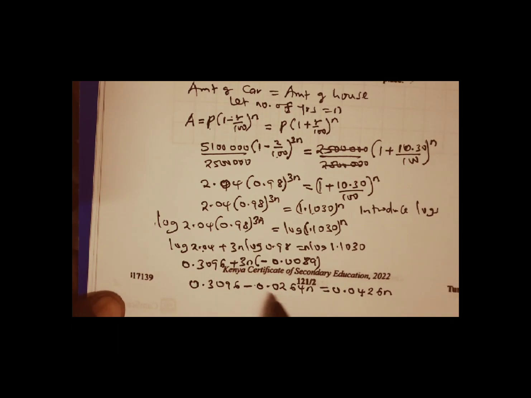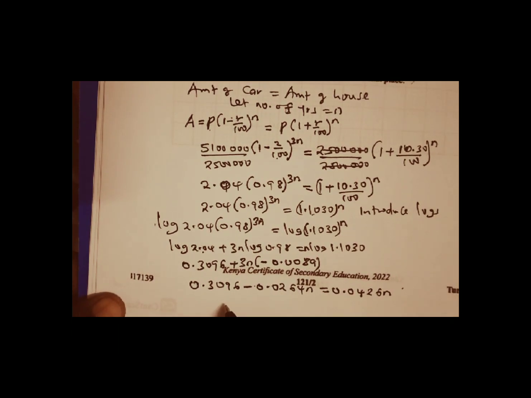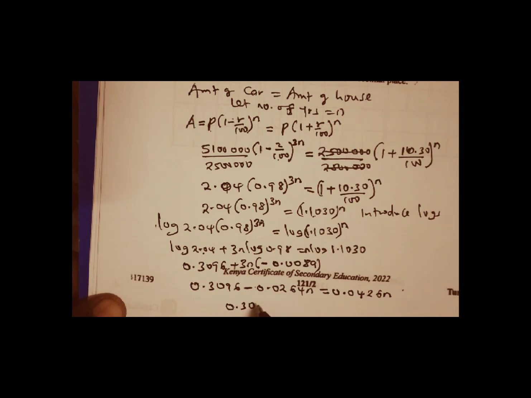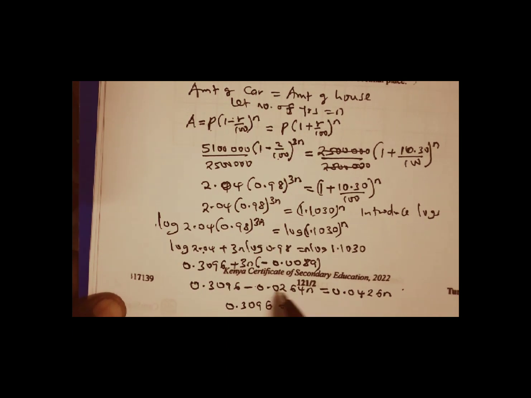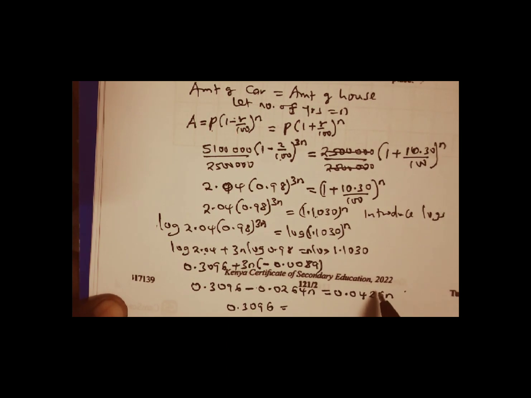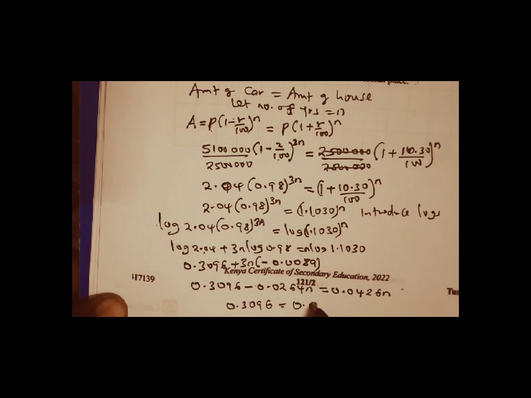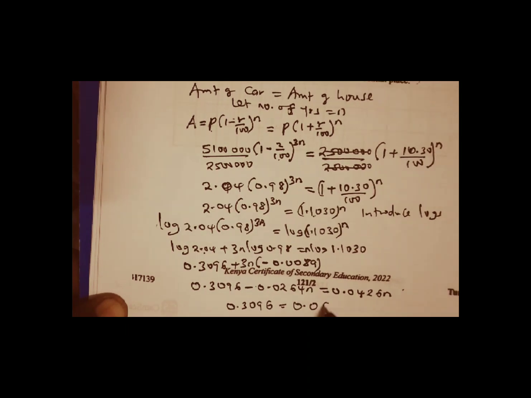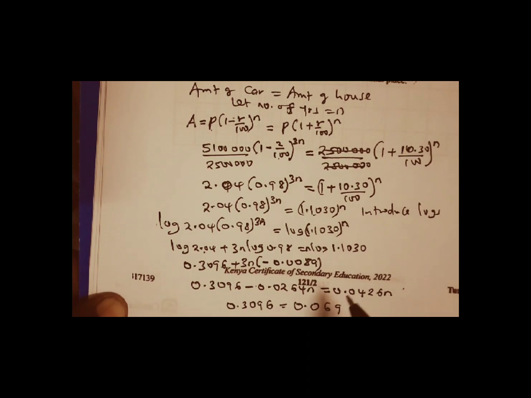From there now, if we take this to the other side, we are going to remain with 0.3096 being equal to, this is a negative. Once it crosses to the other side, we add, and this gives us 0.069n.